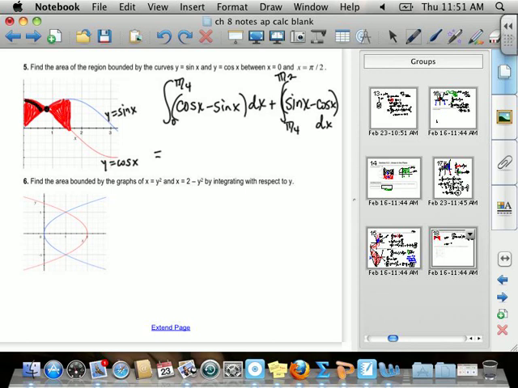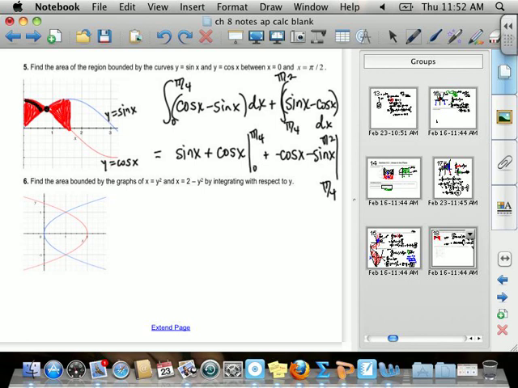Okay, so we integrate. So sine plus cosine going from 0 to pi over 4, plus negative cosine minus sine going from pi over 4 to pi over 2.